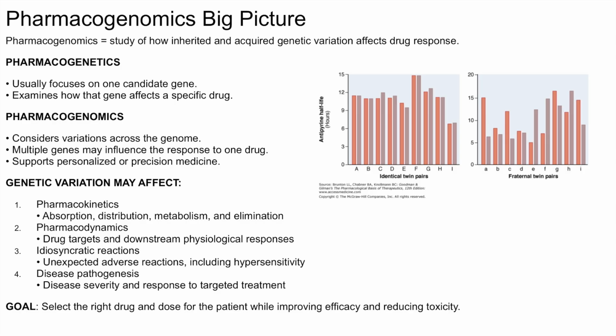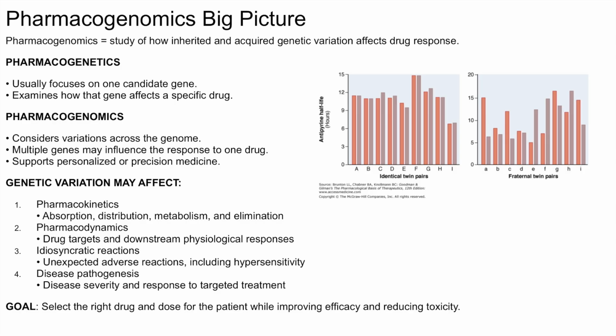Genetic variation can alter pharmacokinetics by affecting absorption, distribution, metabolism, and elimination. It can also change pharmacodynamics by altering drug targets or downstream signaling. Some variants increase susceptibility to unexpected adverse reactions, while others influence disease biology and the response to targeted therapies.